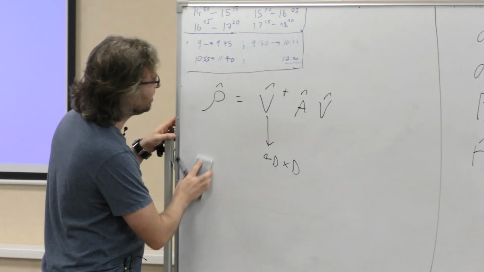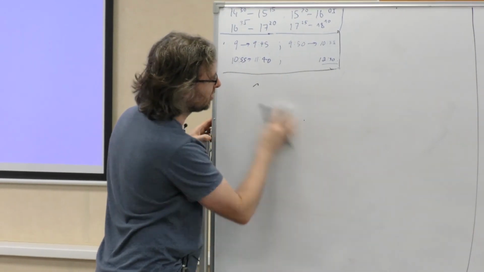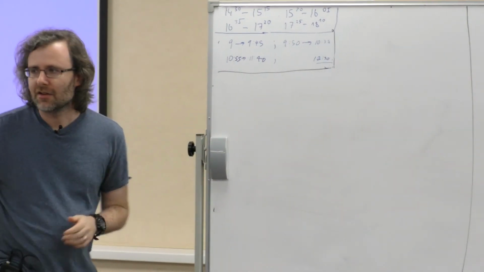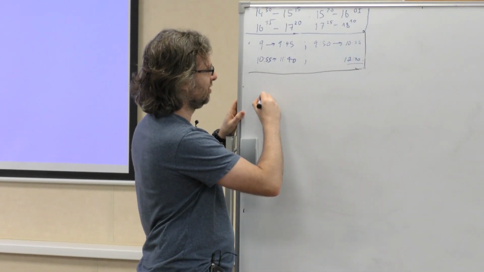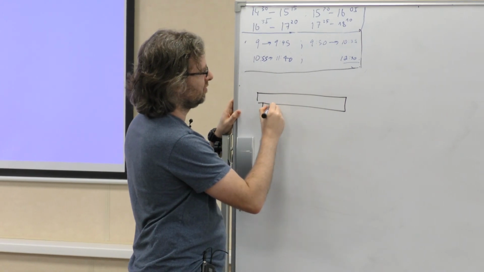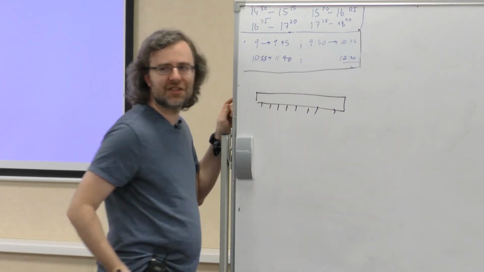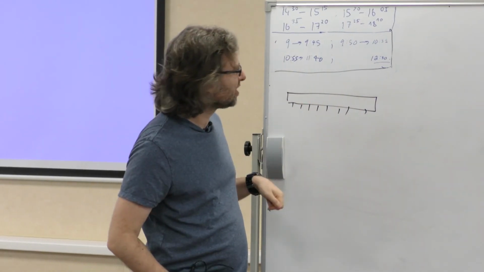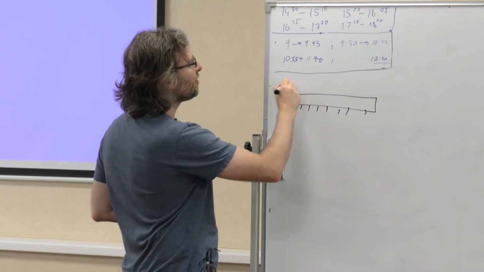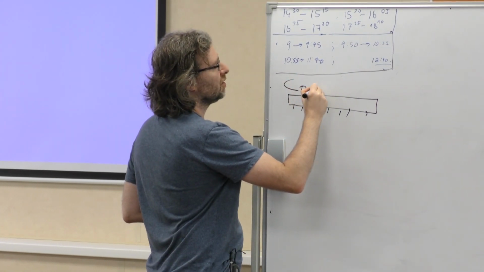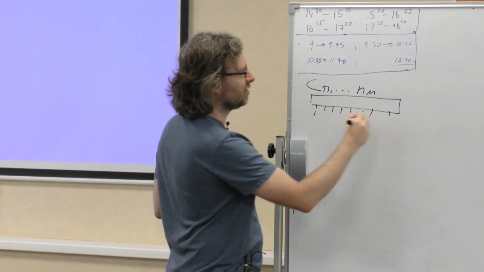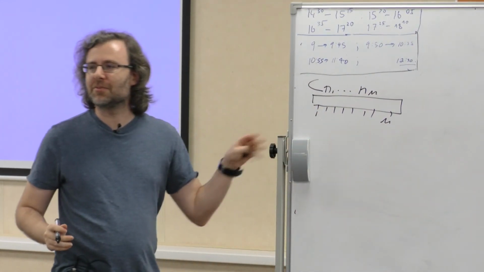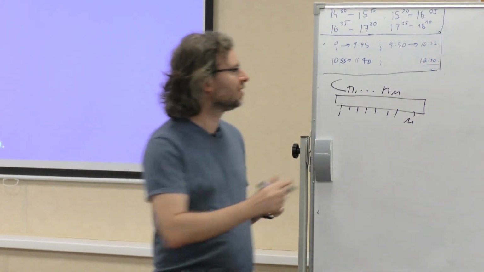DMRG is a matrix product state algorithm, and people like to write it like this. This is the object that I wrote in the beginning. This is the full wave function, C of n1 to nm. It has indices 1 to m, so this is a big multi-dimensional object.